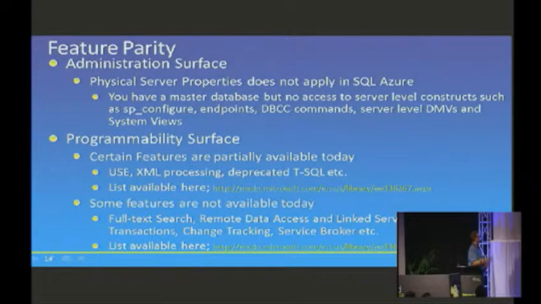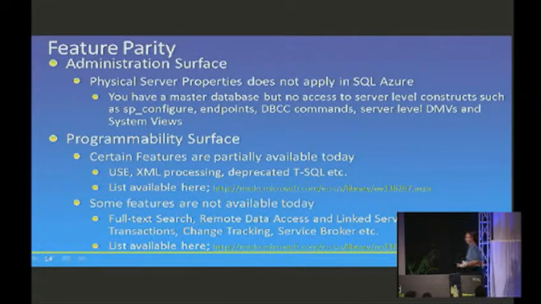So we're in the process of doing all the work necessary to make sure that some of these more advanced features are sufficiently siloed in this multi-tenant system. And then as you can see, one of the things we also don't support is .NET CLR stored procs. But you have noticed, for those of you that have been paying attention, that in the last service update, we enabled support for spatial data types.